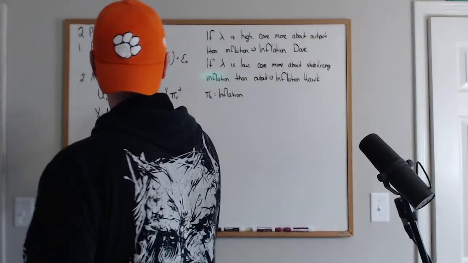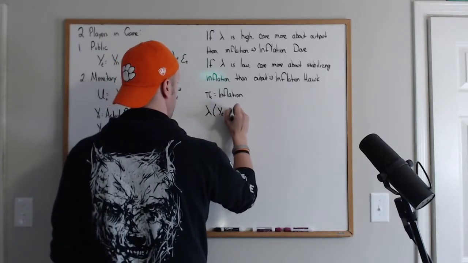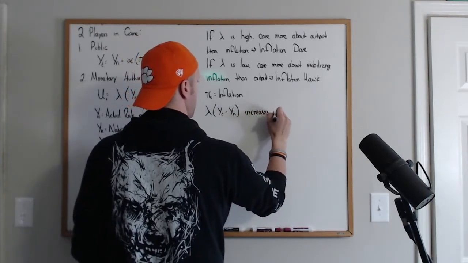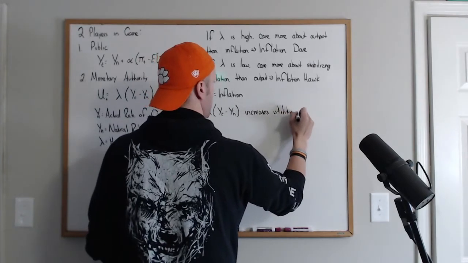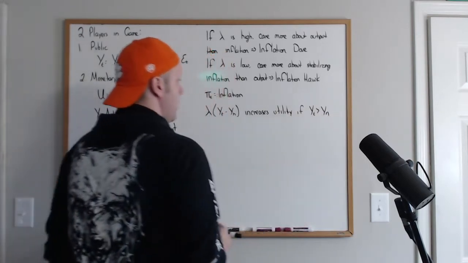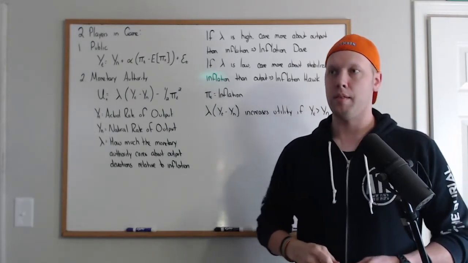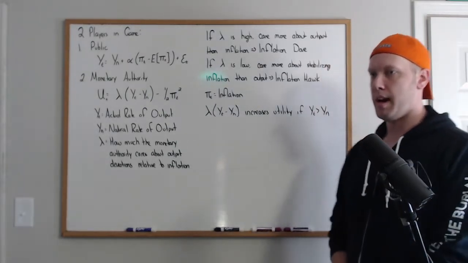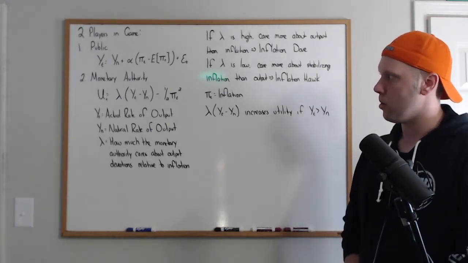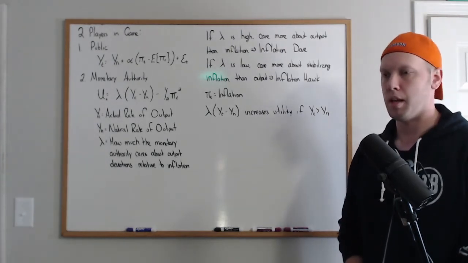This lambda times yt minus yn will increase utility if yt, the actual observed rate of output, exceeds that of the natural rate. Therefore, the central bank has every incentive in the world to try to boost output above its natural rate because, well, it'll increase their utility.